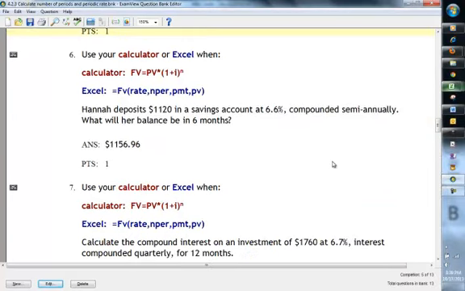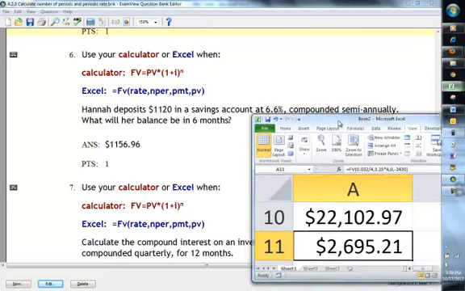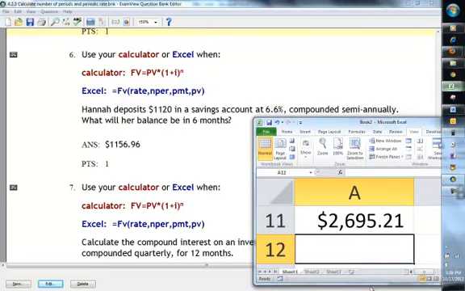Hannah deposits $1,120 in the savings account at 6.6% compounded semi-annually. What will her balance be in 6 months? Now this one you actually wouldn't need to use Excel because even though it says it's compounded interest, it's really not because you have only one compounding.